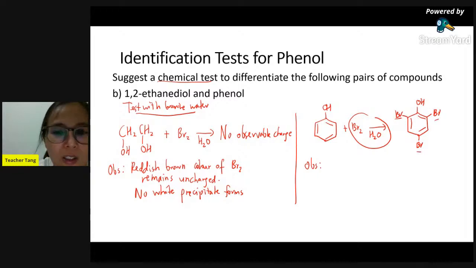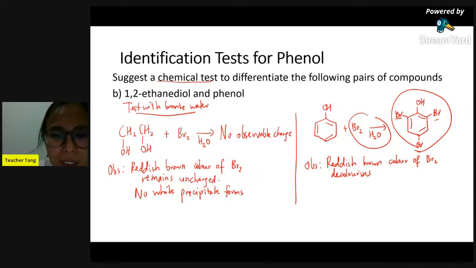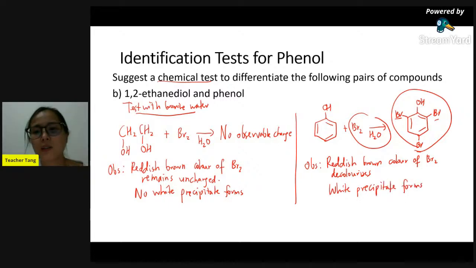So you write: reddish brown color of bromine decolorizes. And this is the one that gives you the white precipitate, so you write: white precipitate forms. Okay?